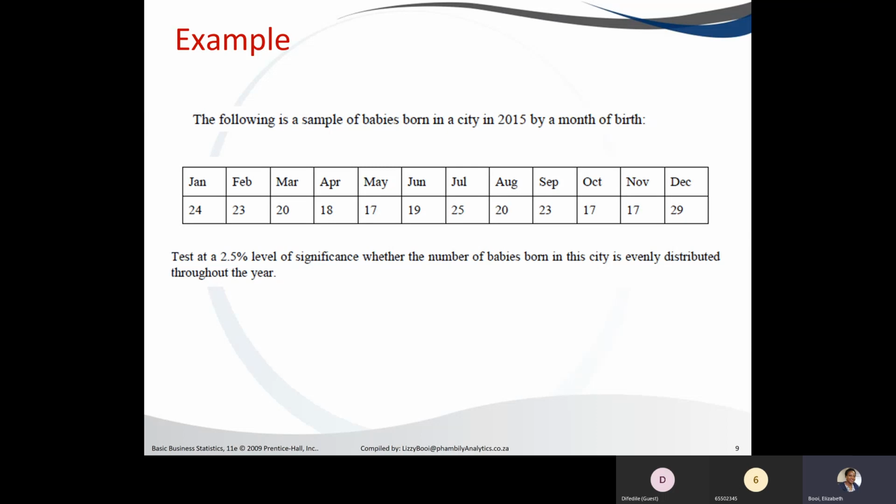So we want to check if the number of babies born in this city follow a certain distribution. Are they evenly distributed throughout the year? Okay. So the first step we need to do is to state our null hypothesis and our alternative hypothesis.